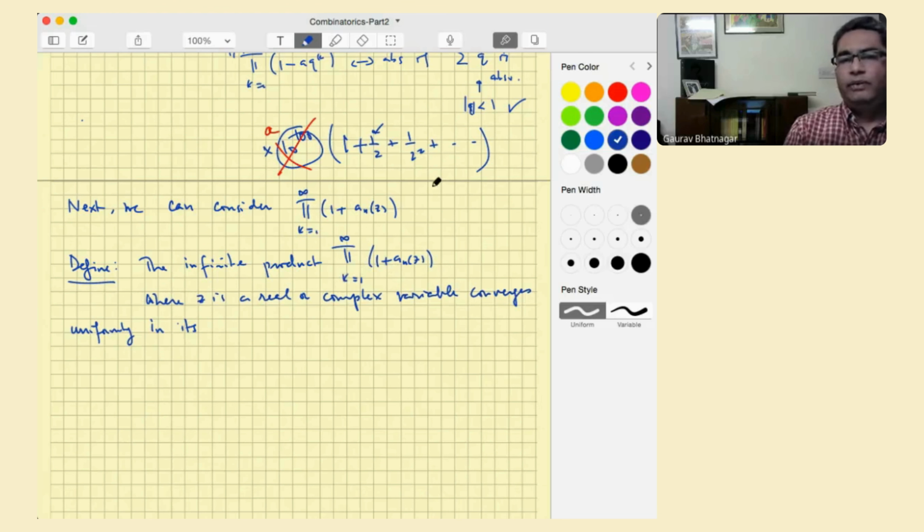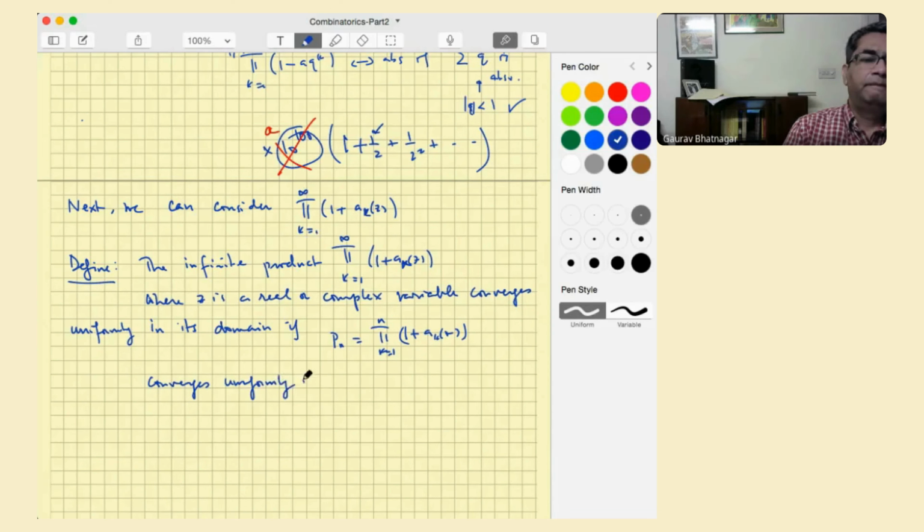So when it's pointwise, you can just use the previous result. If P_n equal to the product for k going from 1 to n of 1 plus a_k of z converges uniformly, then you can apply the previous things for all z and so on.